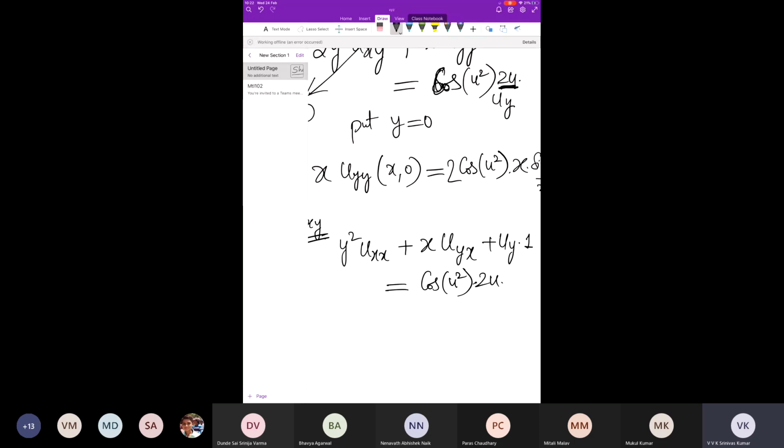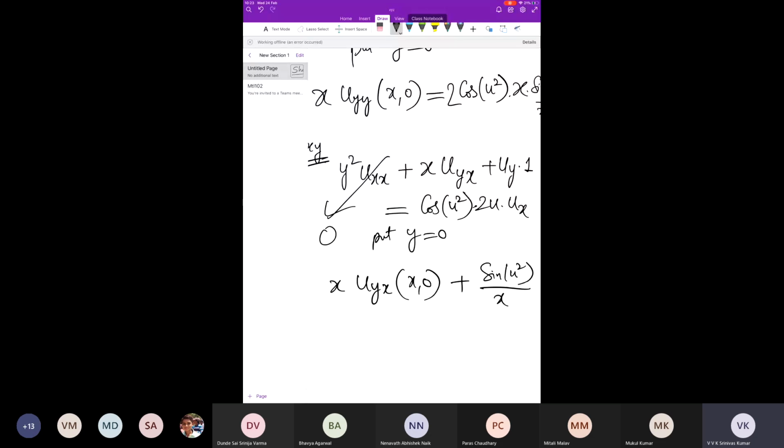Put y is 0, this goes to 0. x times uyx at x comma 0 plus uy, which is sine u squared upon x, is equal to cosine u squared, where 2 times u is x and ux is 1. Okay, so this is the final answer.